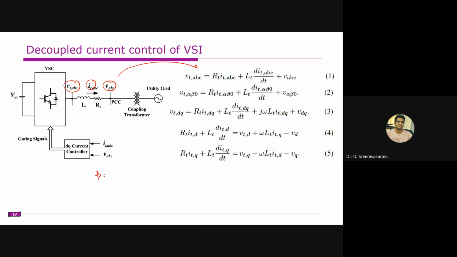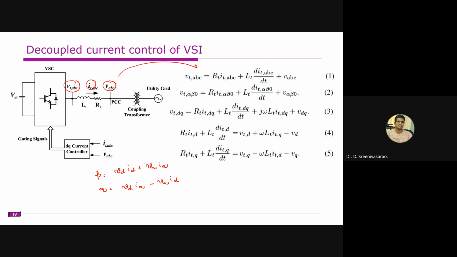For example, P will be VD into ID plus VQ into IQ. This is your active power. The reactive power is usually VD into IQ minus VQ into ID. This is your reactive power in the DQ reference frame.